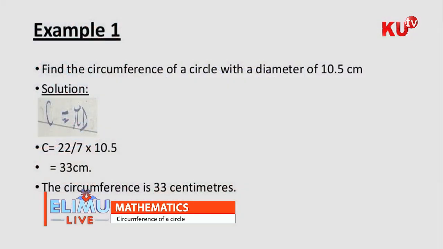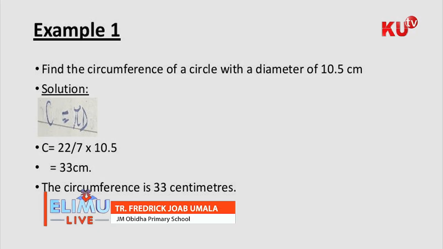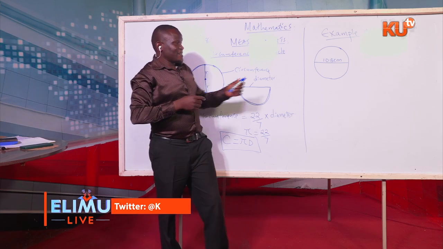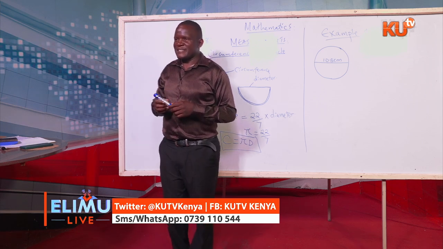Find the circumference of a circle with the diameter of 10.5 centimeters. So that is our diagram. That is our circle. The diameter is given as 10.5 centimeters.